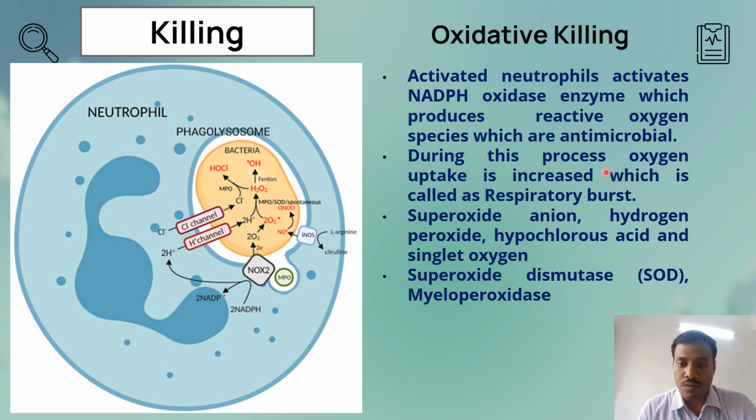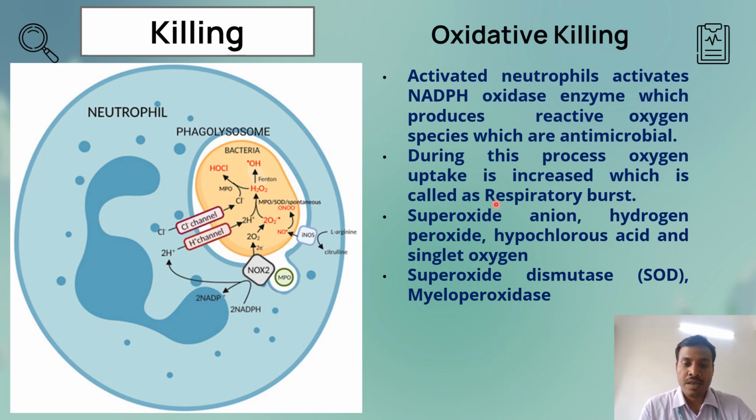Respiratory burst. So when the oxygen intake is increased, there will be formation of superoxide anion, and free radicals are formed inside the phagocyte. We call them oxidants or free radicals. These are superoxide anion, hydrogen peroxide, hypochlorous acid, and singlet oxygen.